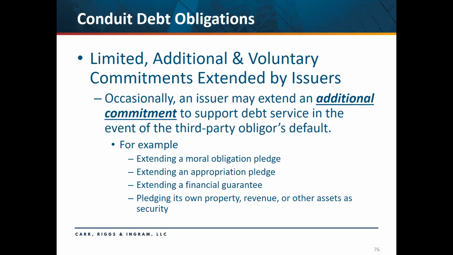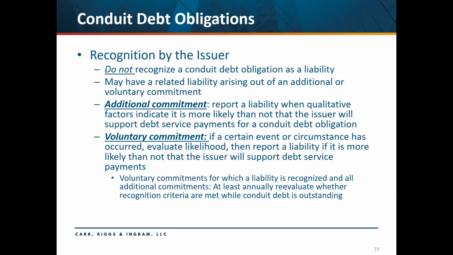So if there's a moral obligation pledge or an extending an appropriation pledge, pledging its own property, if that government's going to pledge some property to that, some sort of financial guarantee, these types of pieces go into where we need to put a recognition in. So for recognition by the user, you do not recognize a conduit debt obligation as a liability.